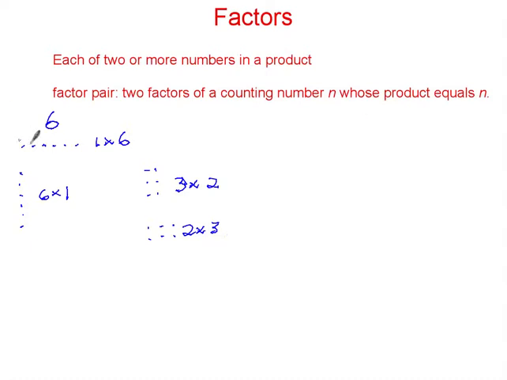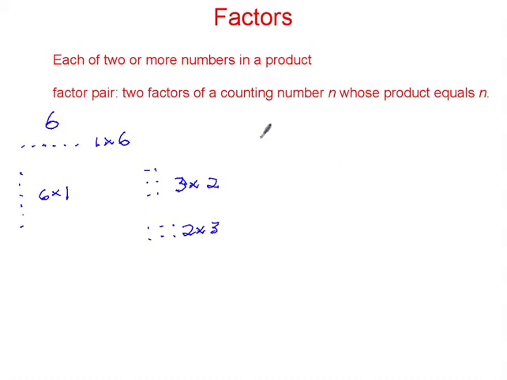So if we look at all of our numbers here, the factor pairs of 6 are 1 and 6 and 2 and 3. You don't write down both orders because it's the same. And remember, we talked about the turnaround rule, the commutative property, where it doesn't matter what order they go in.